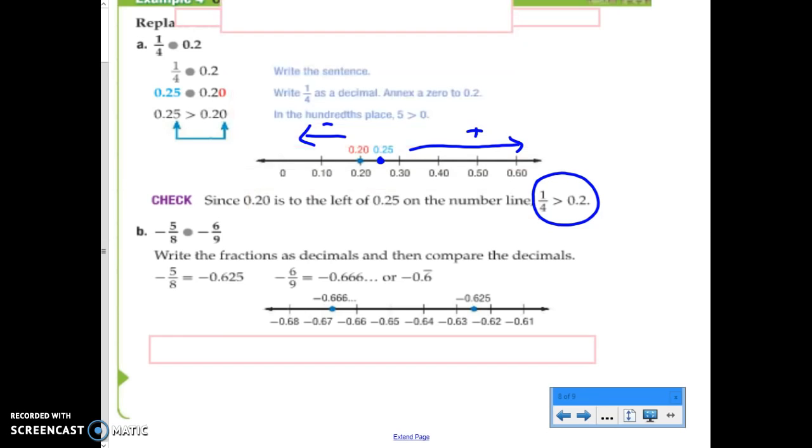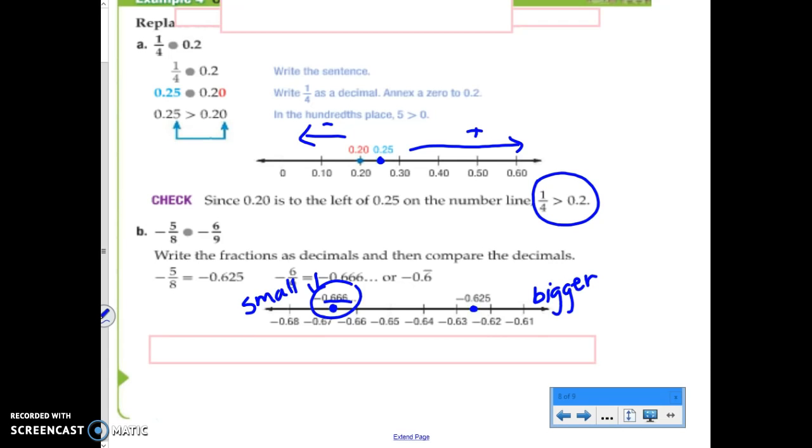Plotting those on a number line, I can see right now that 0.666 is right here, and 0.625 is right here. Now remember, when you're dealing with negatives, the further left that you go on the number line, the smaller the number gets. So just because this number right here looks bigger because 0.666, remember that because it is a negative, the further left you go, these numbers get smaller, and the further right you go, these numbers get bigger.